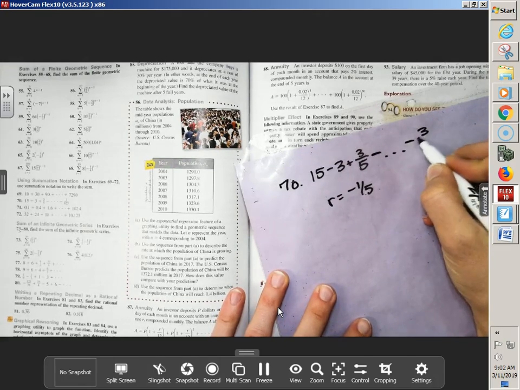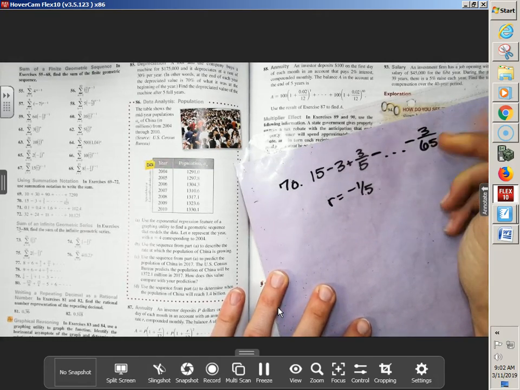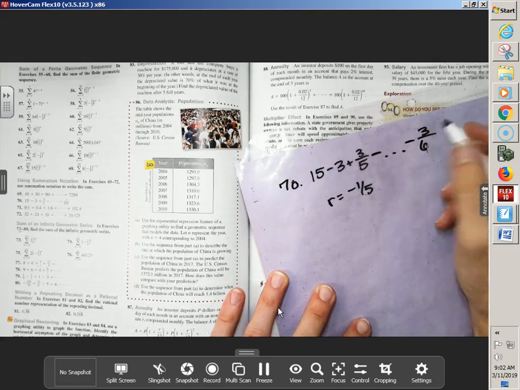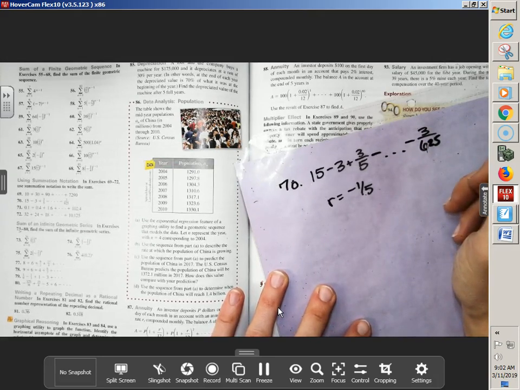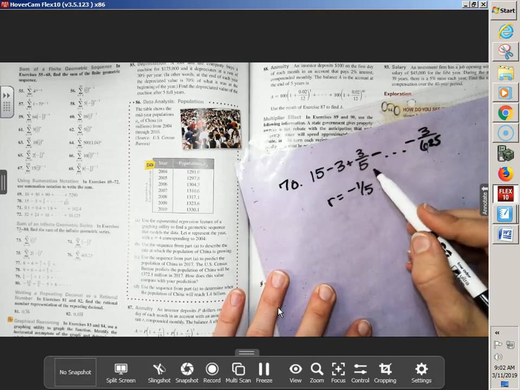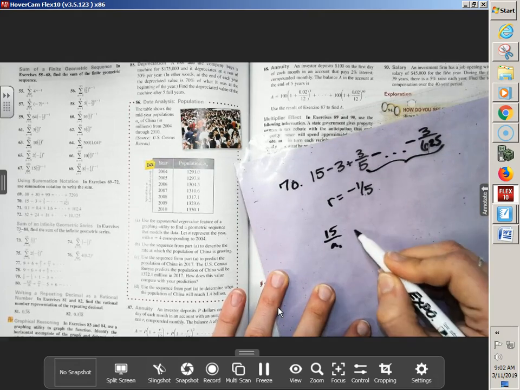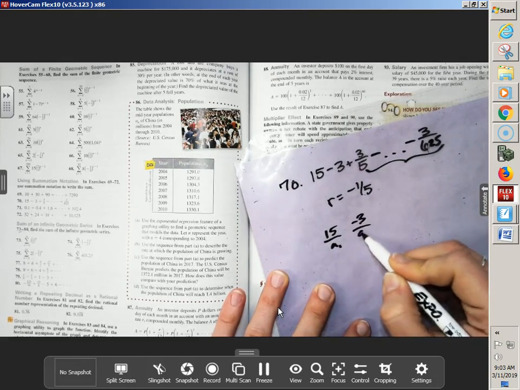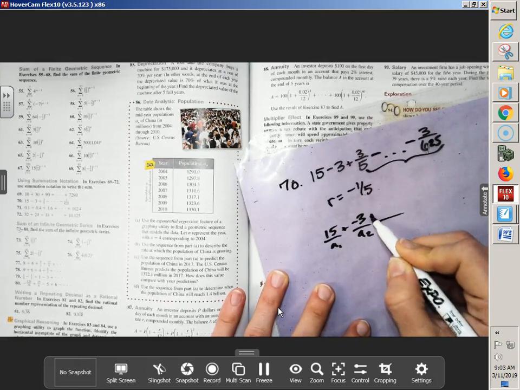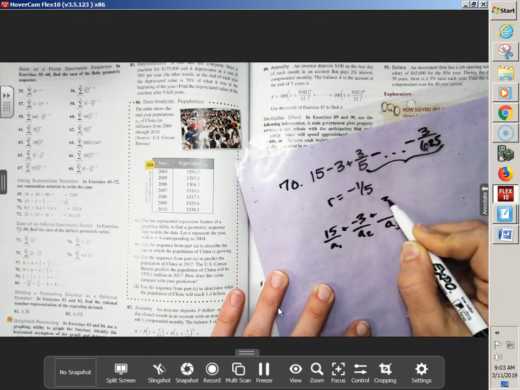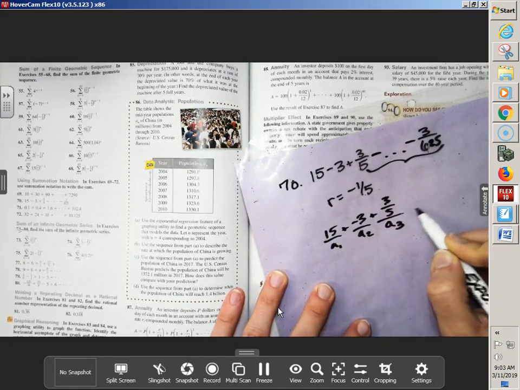So here's the experimental way. Let me zoom in here and say, okay, so if 15 is a sub 1, if negative 3 is a sub 2, if a sub 3 is 3/5, what would the next one be, guys?